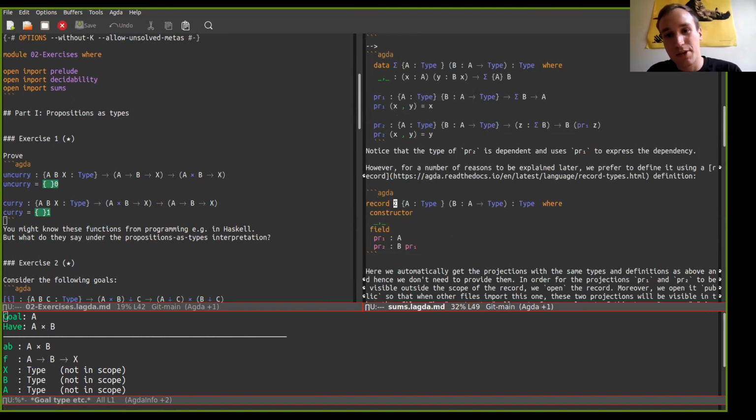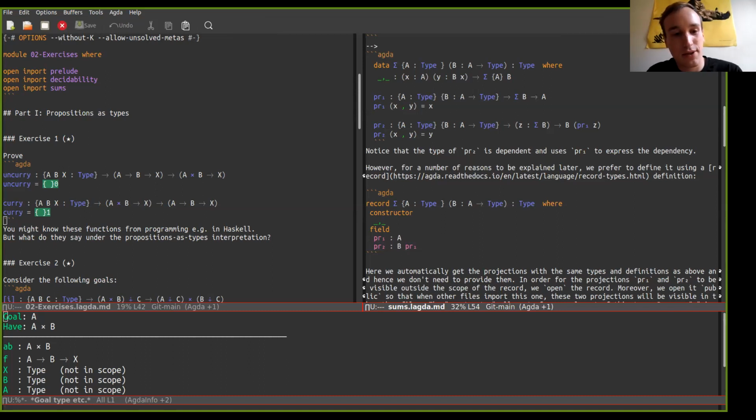So the sigma is a record, and it has two fields. One is PR1, which is of type A, and the other is PR2, which is of type B of PR1.